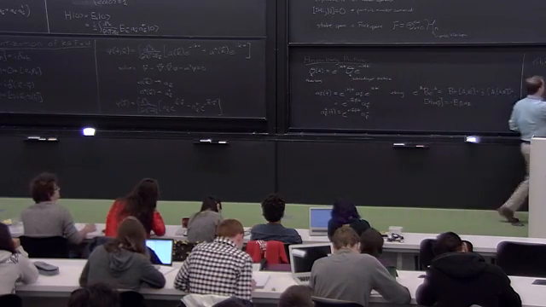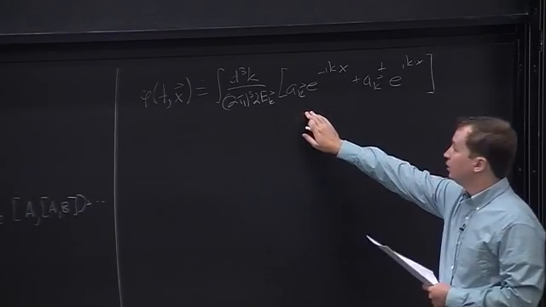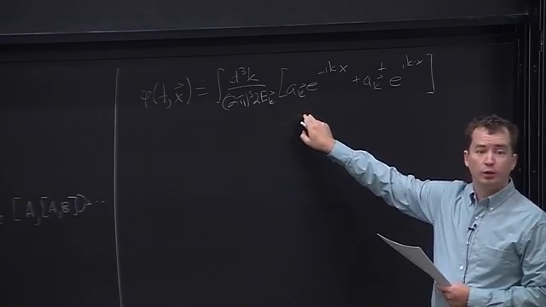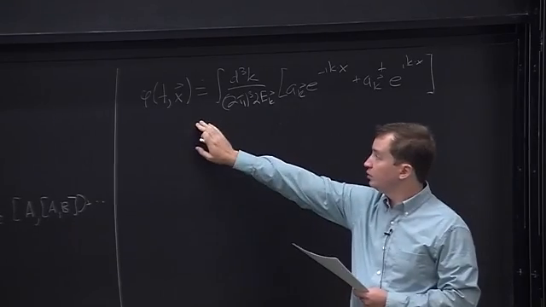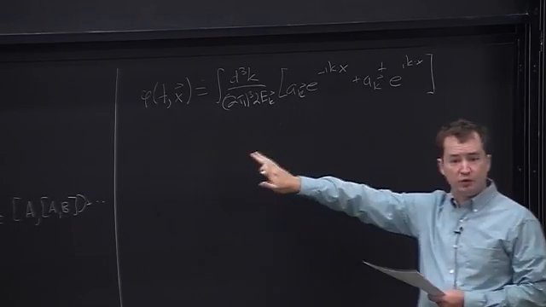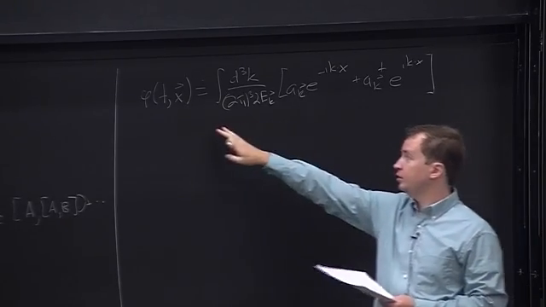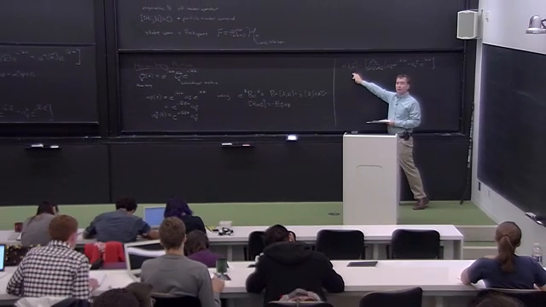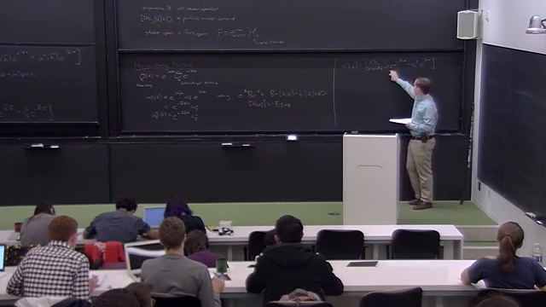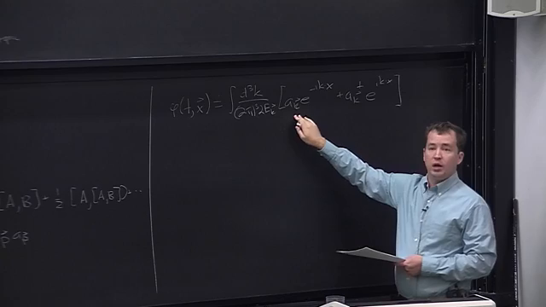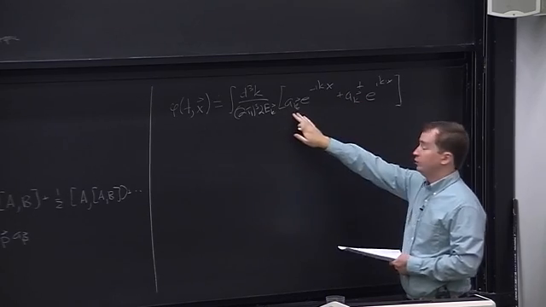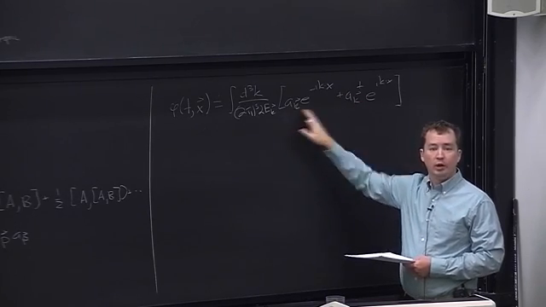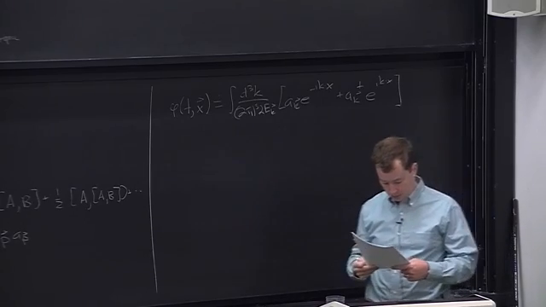And this is the Heisenberg picture field operator, which is precisely what you'd expect. This is just the original solution we had to the Klein-Gordon equation with the functions a of k and a star of k replaced with the annihilation and creation operators.